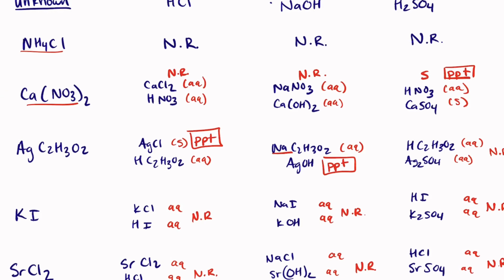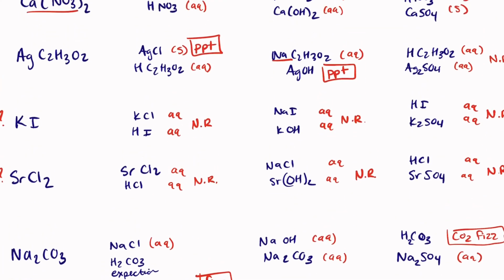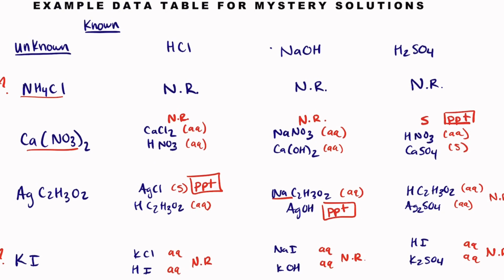We still need to figure out ammonium chloride because that one has no reaction across the board. We need to figure out potassium iodide. That one is the same. We need to figure out strontium chloride. And then I think the rest of them are different. So let's see how they're different.